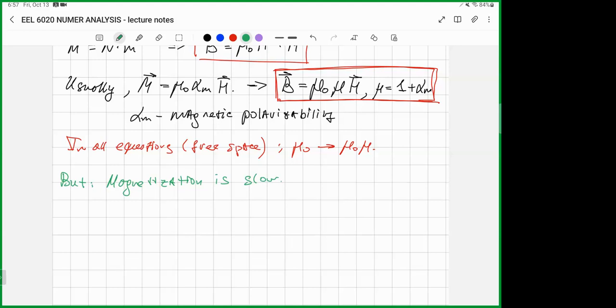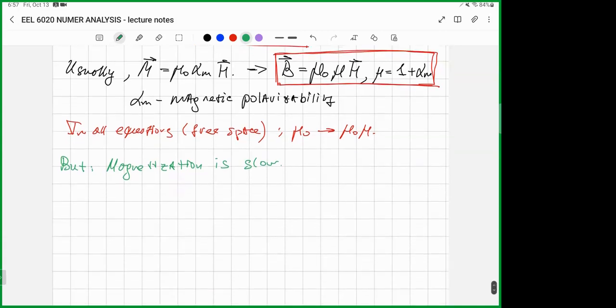Especially if we are dealing with fields that oscillate or change at very high frequencies, for example, in optics. And as a consequence of this, we have no or almost no magnetization at higher frequencies.